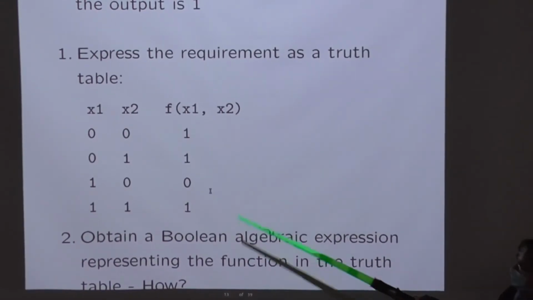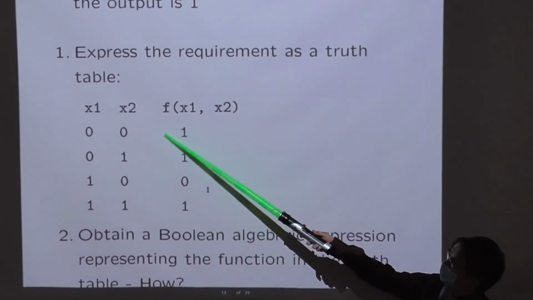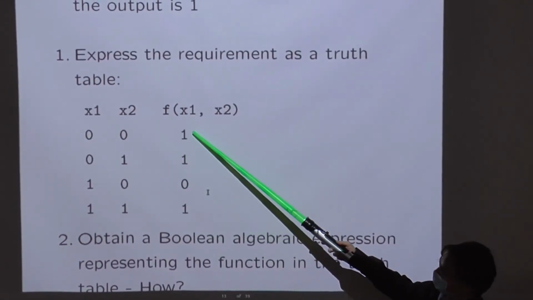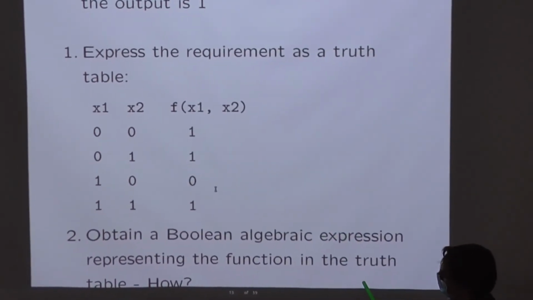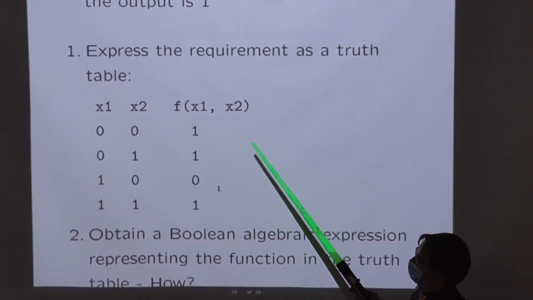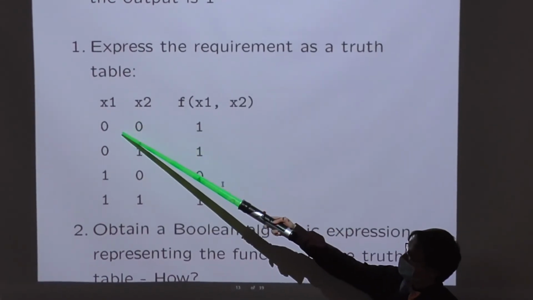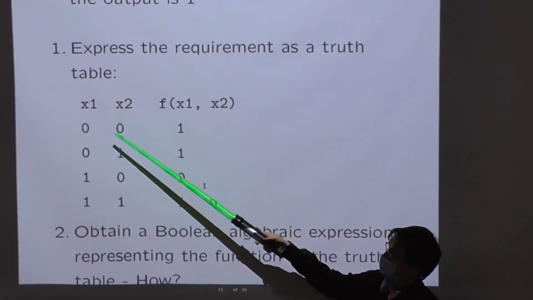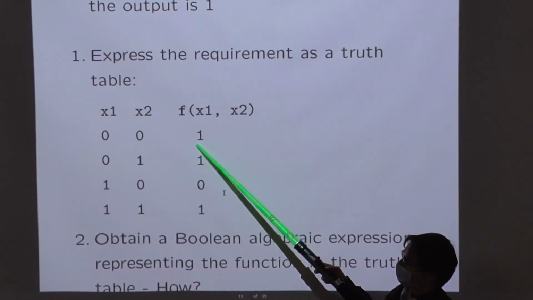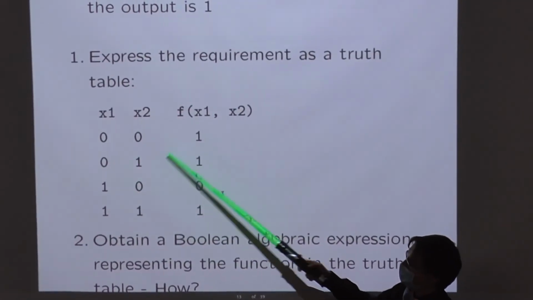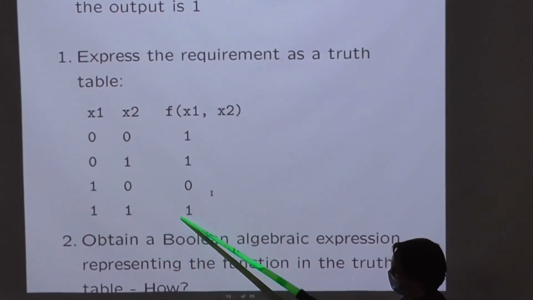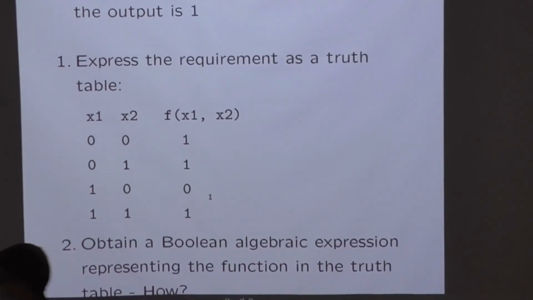So if we took, for example, the following truth table, which is the same truth table, we can see that not x1 and not x2 yield 1, not x1 and x2 yield 1, and x1 and x2 yield 1. The final one does not.